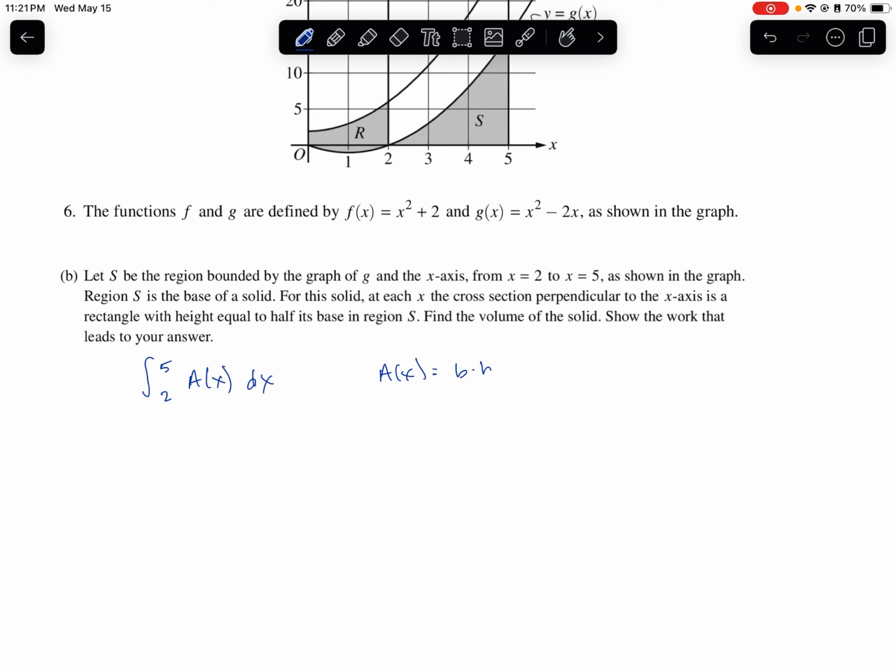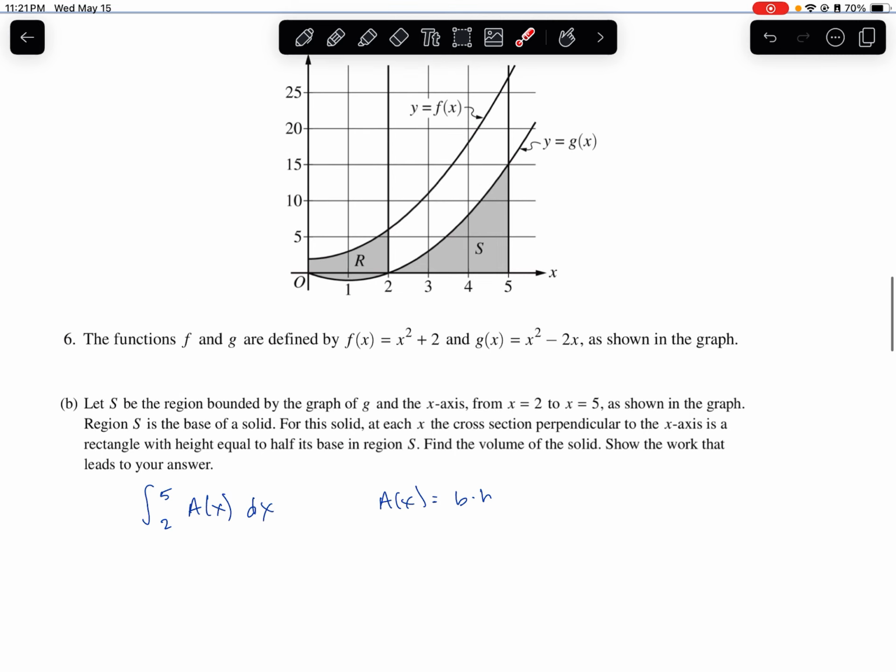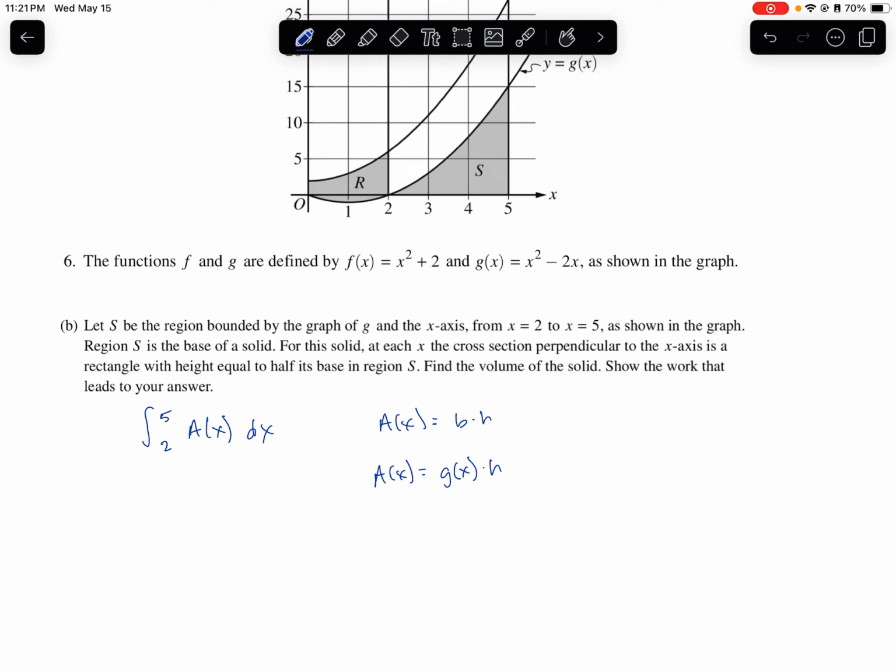And what is the base of this rectangle? If the rectangle lies on top of this right here, well, the base is just going to be the distance from the x-axis to the function, which is going to be g of x. So I know that A of x is going to be g of x times h. I still need to define what h is too, but that's also given to us here.